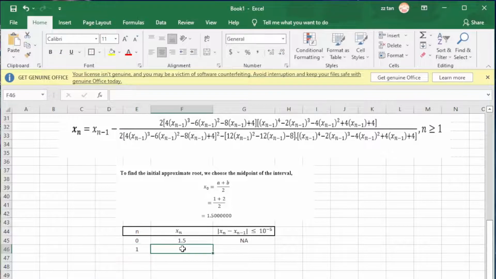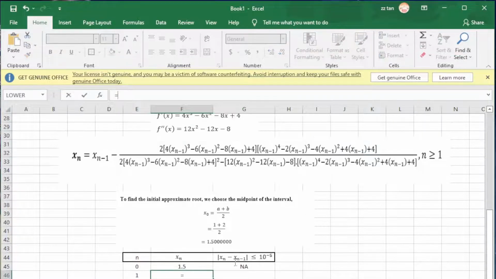So when n is equal to 1, we substitute our n into this Halley's method equation. So we substitute our 1 into here, so it is equal to x naught. Okay, so we can type here, x naught is this one, 1.5. Okay, we minus 2 times 4 times x naught power 3.